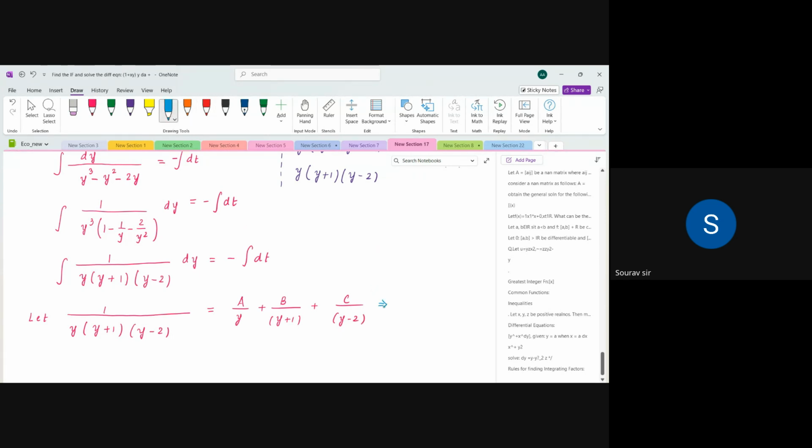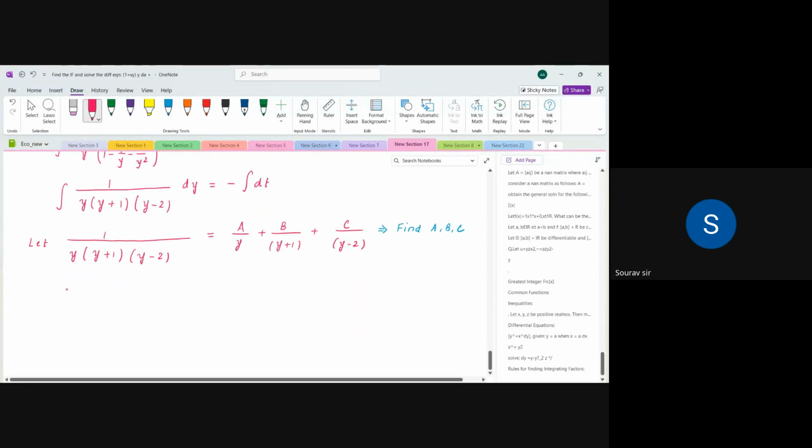And from this, we need to find a, b, and c, right? So if I equate both sides, then this will be a into y plus 1 into y minus 2 plus b into y minus 2 plus c into y plus 1 into y.